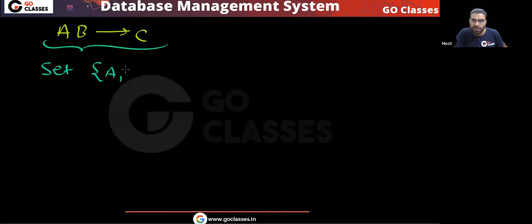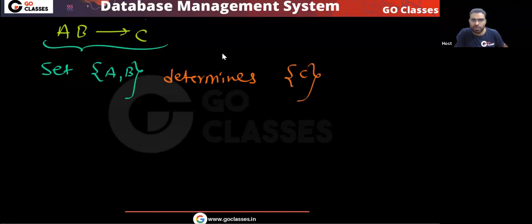So remember, when you say that AB determines C, what you are basically saying is that this set of attributes determines this set of attributes. Is this clear? So this set determines this set.